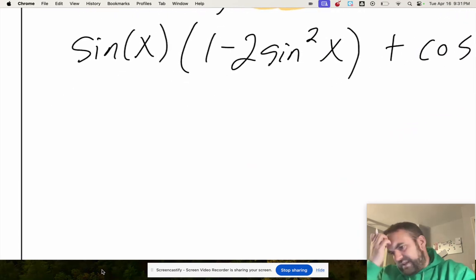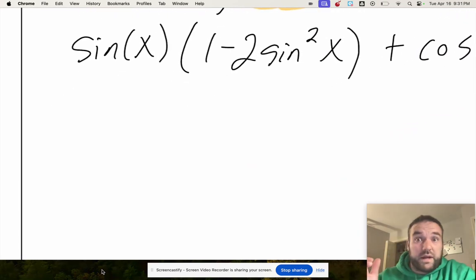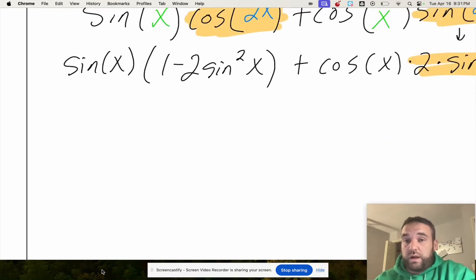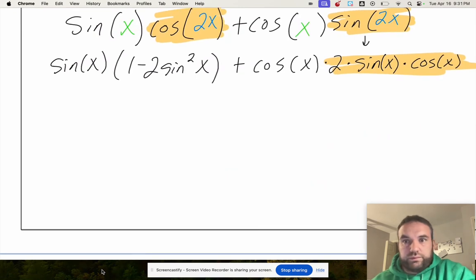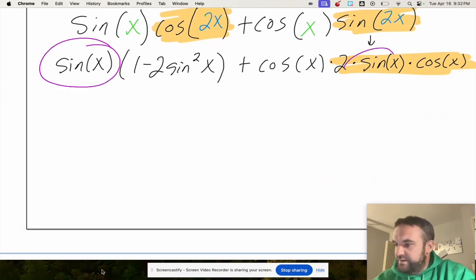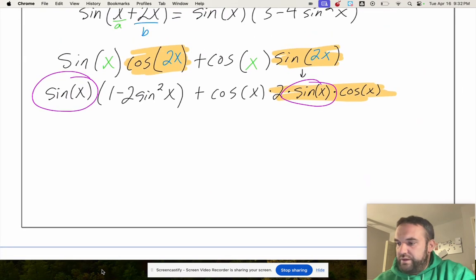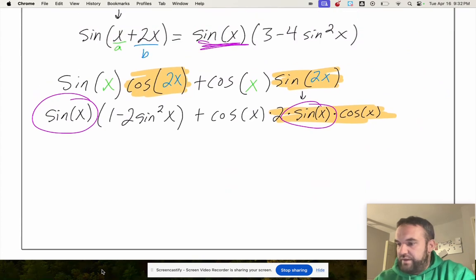I see I have sine x times 1 minus 2 sine squared. So I'm going to go ahead and distribute that. I don't know if that's correct. Actually, I'm not going to do that because what I see here is I have a sine x and a sine x in both of these, and I am trying to verify that it is the same as something that also has just sine x in it.